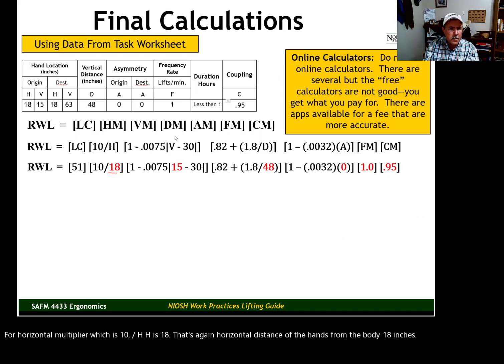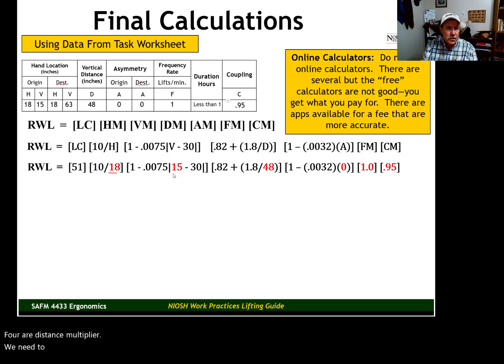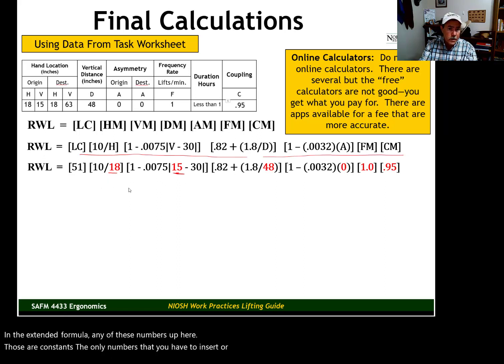For our vertical multiplier, we need to plug in the vertical position of our hands at the start of the lift, which is 15 inches. Now 30 is a constant. 30 stays the same. Any of these numbers in the extended formula are constants. The only numbers that you have to insert are the ones that we're going to be inserting.